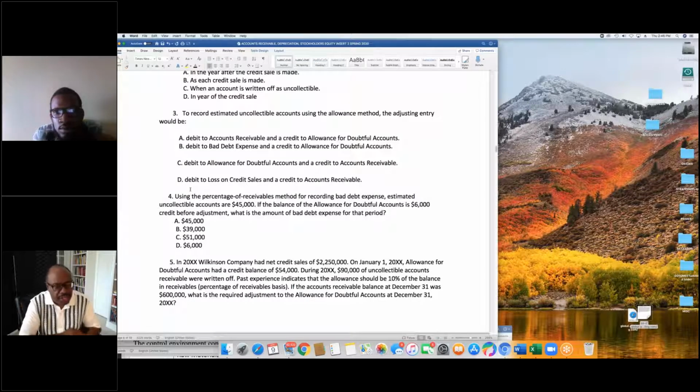Number 4, using the percentage of receivables method and recording bad debt expense, estimated uncollectible accounts of 45,000. If the balance is 6,000 credit before the adjustment, what is the amount of the bad debt expense? I pick B, 39,000. Why'd you pick B?